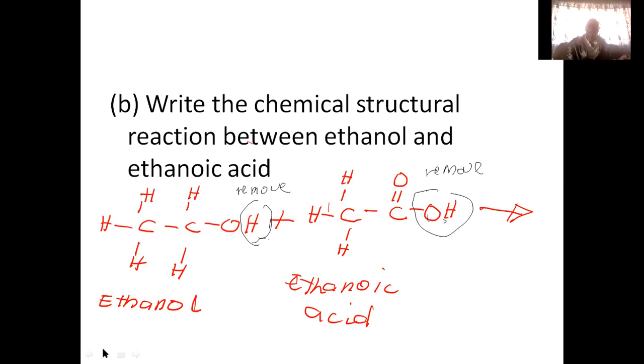In other words, you have removed water. And so here what we are remaining now is that the carbon atom from the alcohol, which is ethanol, will be linked to the oxygen, and the oxygen will be linked to this carbon atom.